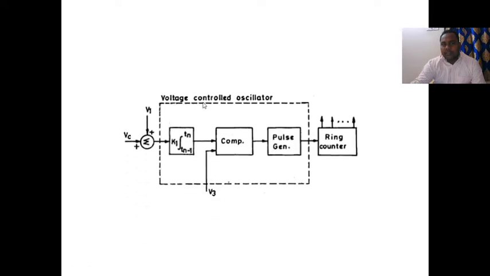So please see the voltage controlled oscillator: the integrator over time Tn minus 1 to Tn with constant K1, a comparator comparing V3 with the integrator output, a pulse generator, and a ring counter. Here there is a control voltage and a normal operating voltage.